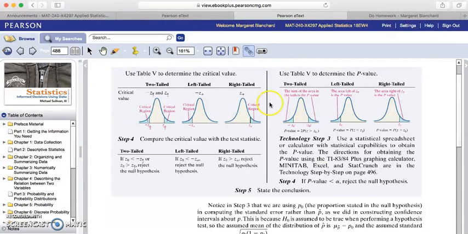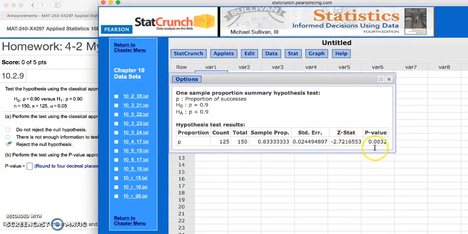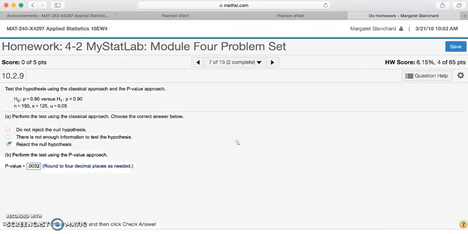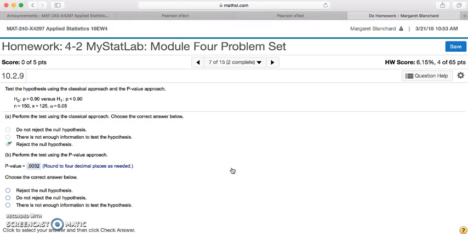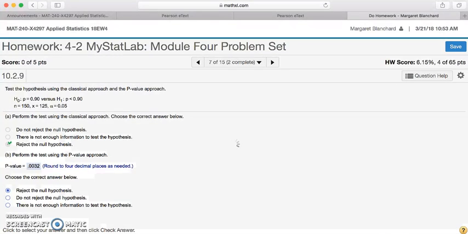Therefore, our p-value, which is 0.0032, is definitely less than alpha. But first, let's plug this in, rounded to 4 decimal places, to check our answer. Fantastic. So our p-value is less than alpha, therefore we reject the null hypothesis, which is the outcome we would expect, since in part A we already rejected the null hypothesis.